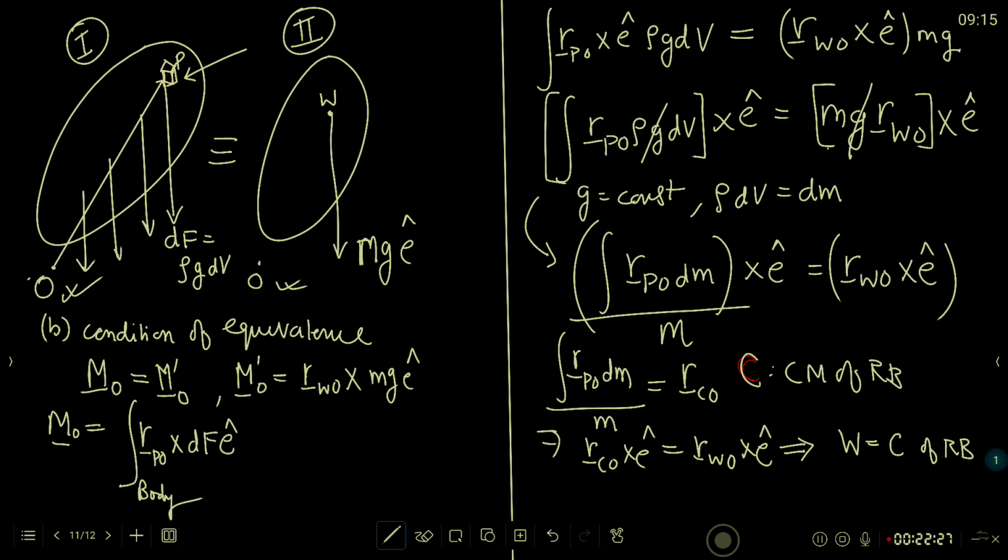And thus, it is logical that if we have to draw the free body diagram of an RB in the presence of a constant gravitational force, instead of drawing these multiple arrows, I can draw the free body diagram in this way, where I put one single force, which is the total mass of the RB multiplied by g, at its center of mass.